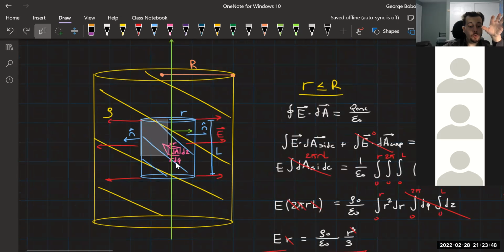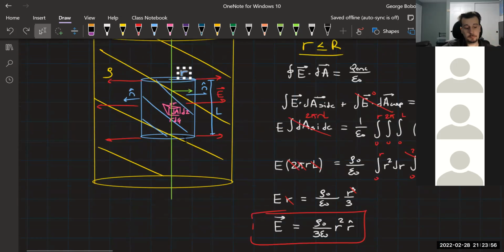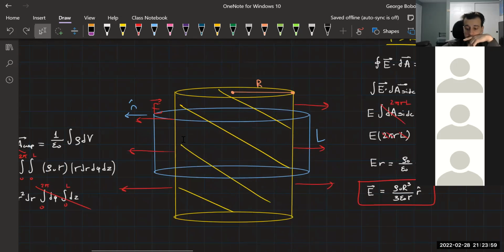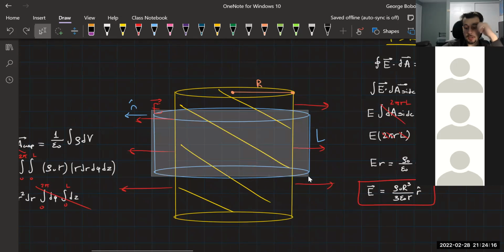Here, the full volume of the Gaussian surface was filled with charge, right? But when we were out here, do you see that I had a space here that did not include charge? On the right-hand side, I need to put only this volume right here. So don't by accident put this volume on the right-hand side.